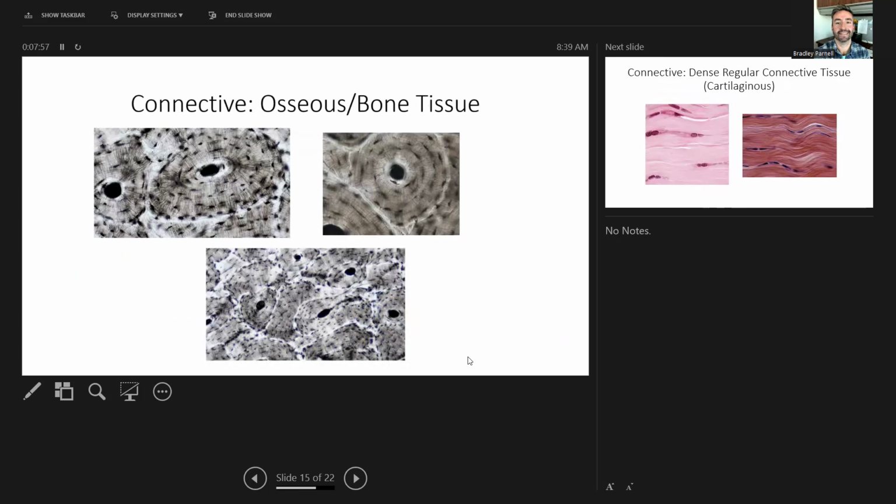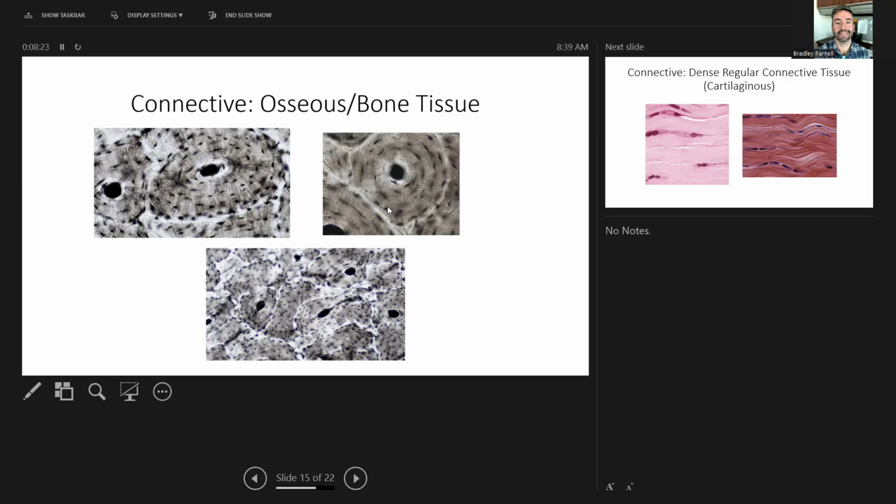Moving on to one of my favorite connective tissues, this is osseous or bone tissue. This is specifically compact bone. And so these kind of look like tree rings to me. If you cut down a tree, you kind of see the rings inside that tree. That's what this always reminds me of. This is our central canal here, and each of these circles or tree rings is an osteon. And so that's the functional unit of compact bone.